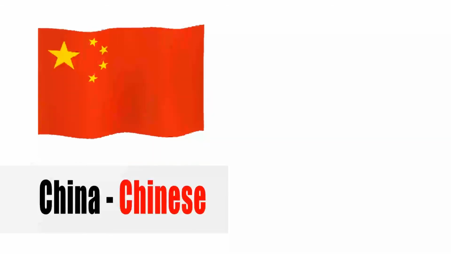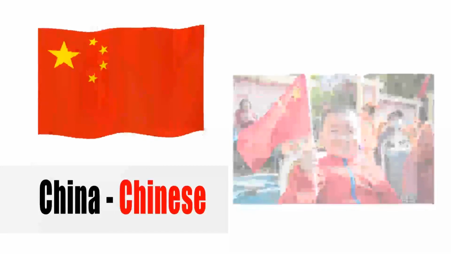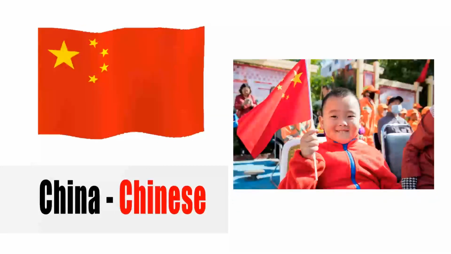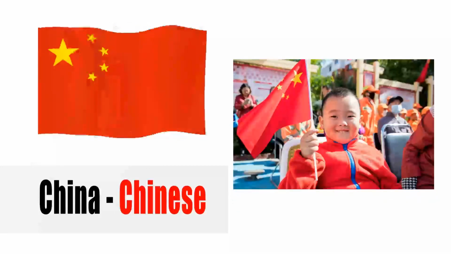Next we have China, Chinese. China, Chinese. This is China's flag, and this is a Chinese boy. Okay, so we have learned 7 vocabulary today.